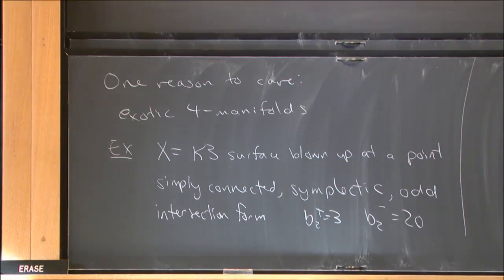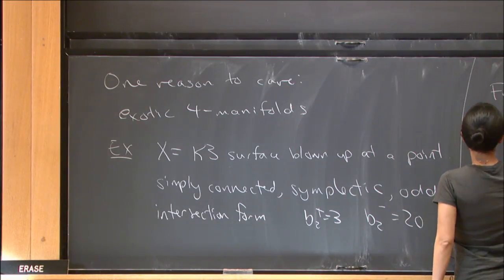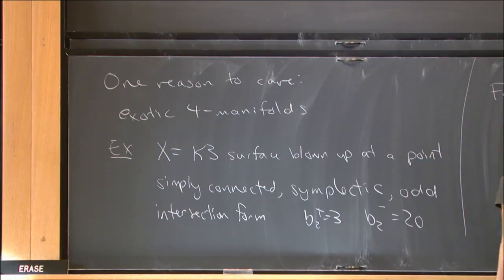Then Freedman's work on topological four-manifolds tells us that this space X is going to be homeomorphic to a connect sum of CP2 and CP2 bars, and the exact number is determined by these two numbers. So Freedman tells us that X is homeomorphic to the connect sum of 3 CP2s and 20 CP2 bars.